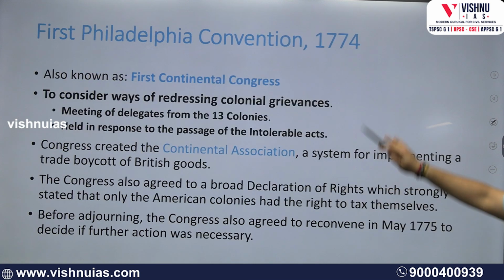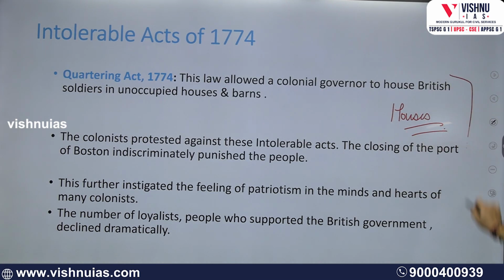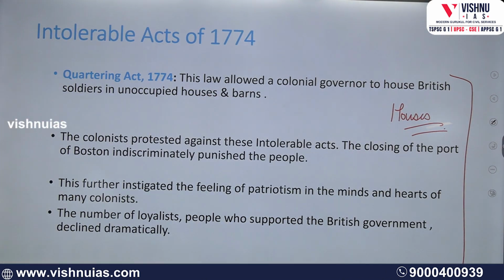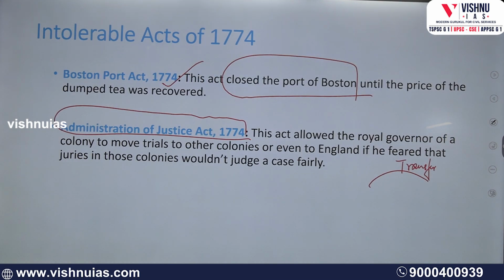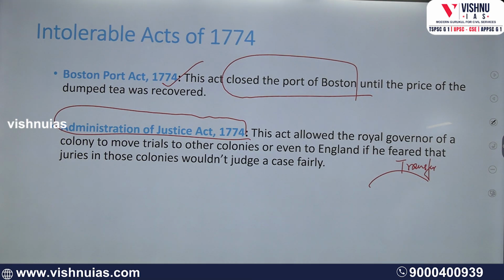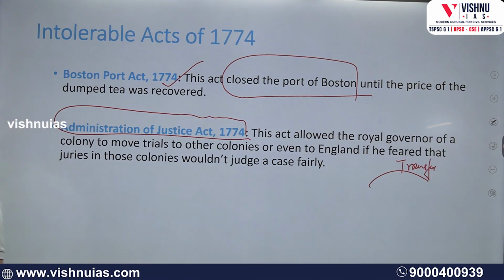So I hope, because now we'll move to a totally different topic. Guys, this is the last major incident. After the Boston Port Act, write 3 more acts. Number 1, Administration of Justice Act 1774. Right now, only write the act's name. Do not go deep into that. Anyways, I don't expect you will have to write all this, but write the law.